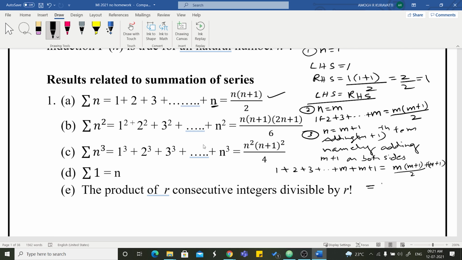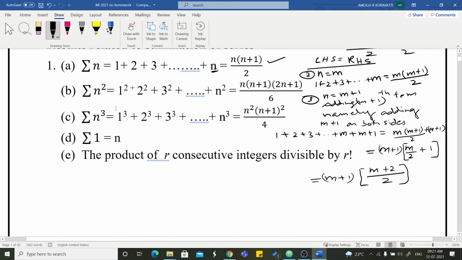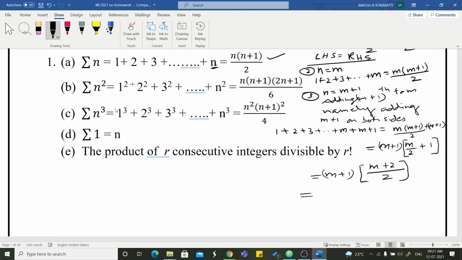Among these two, m plus 1 is common. Taking m plus 1 common, what remains is m by 2 plus 1. So that is m plus 1 into, take the LCM, LCM is 2, m plus 2 by 2. Further simplify. That equals m plus 1 into m plus 2 by 2, which can be written as m plus 1 into m plus 1 plus 1 by 2.